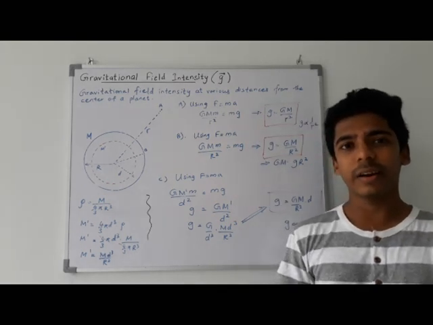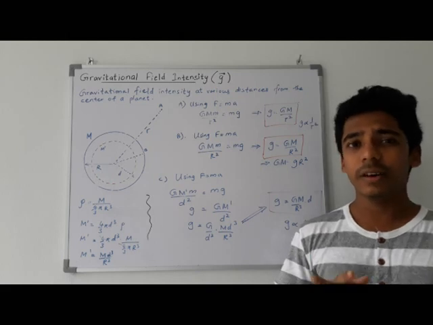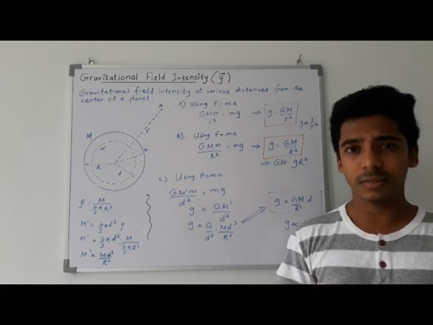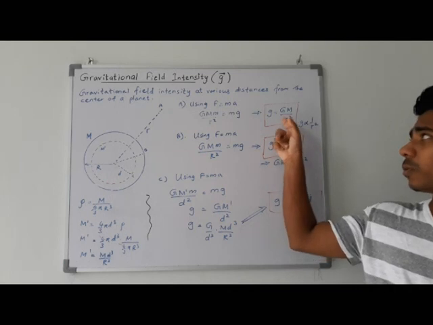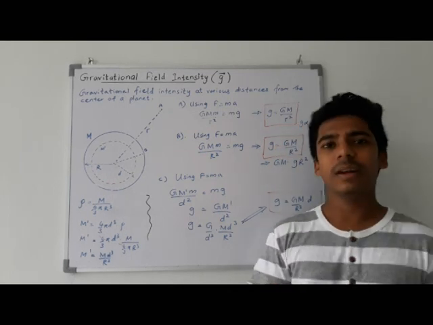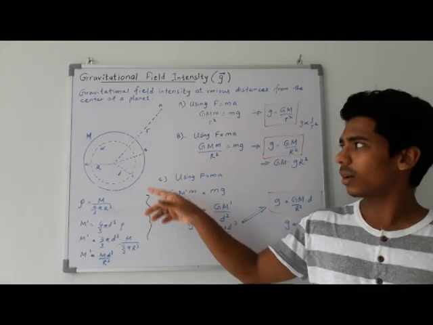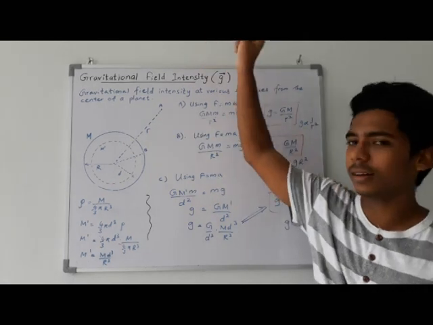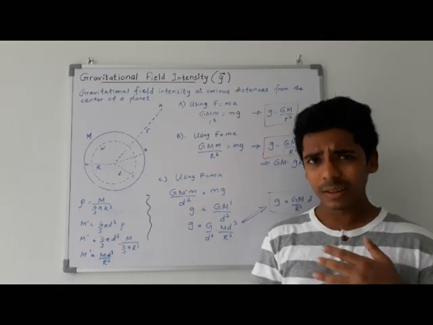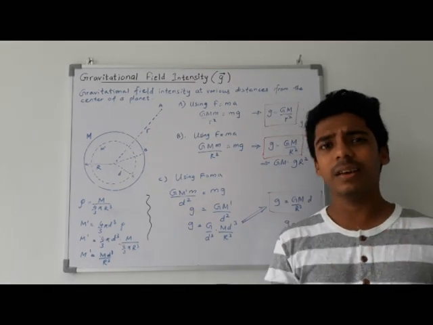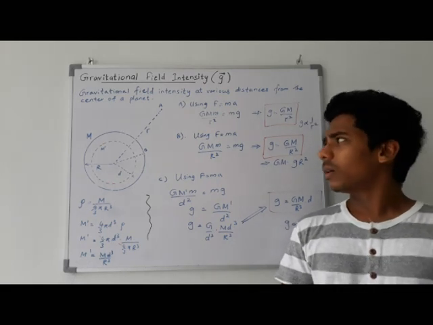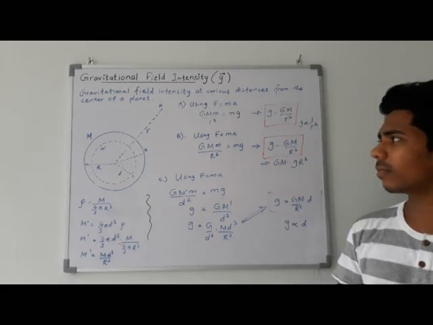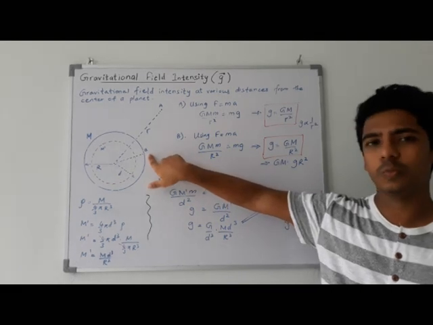So gravitational field intensity is inversely proportional to the square of the distance, g is proportional to 1 over r squared. That means if you increase the distance twice, if you take a point somewhere here, the gravitational field intensity decreases 4 times.